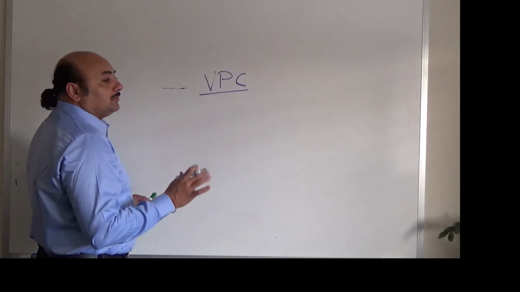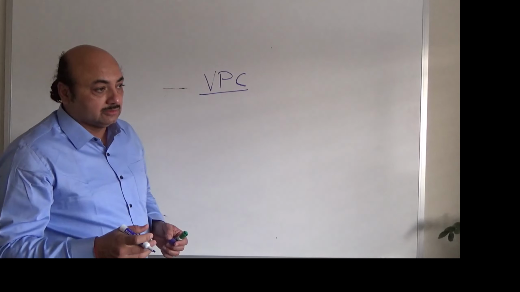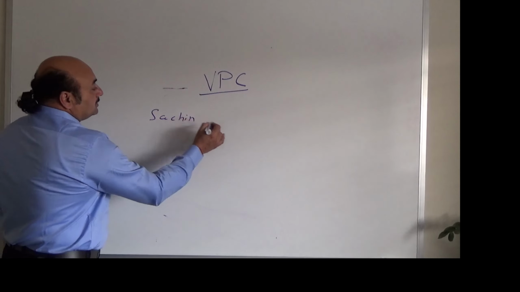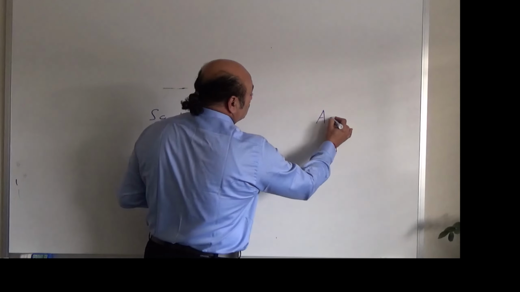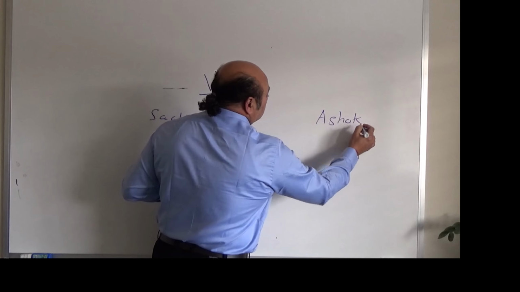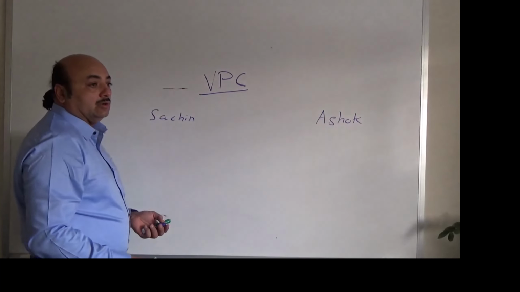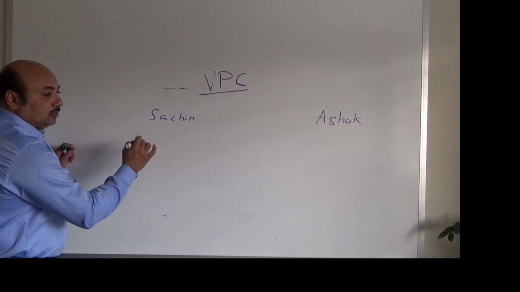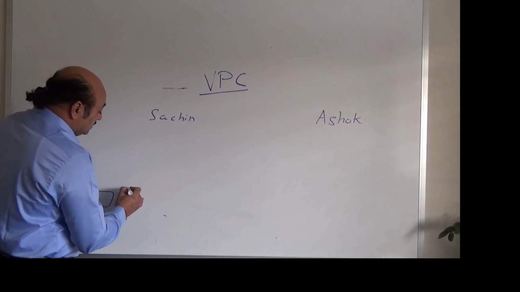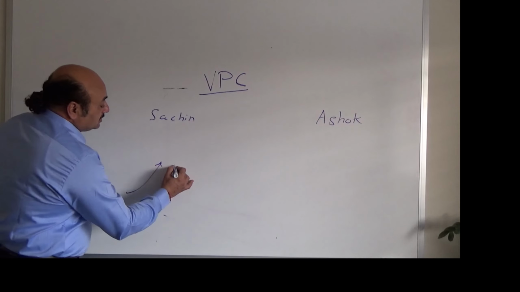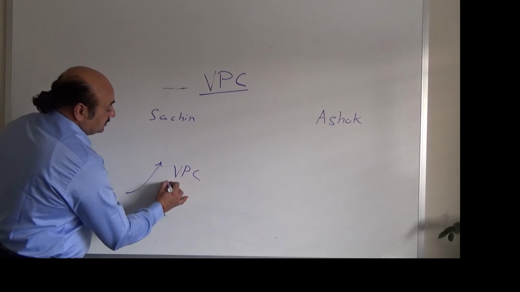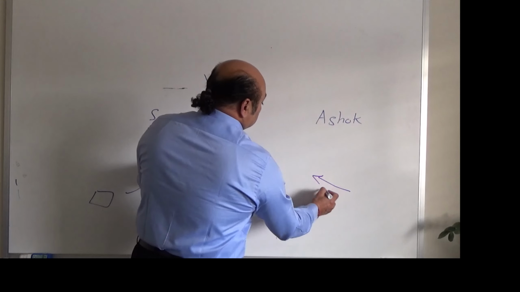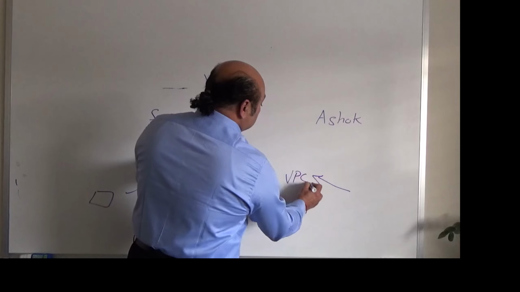Okay. So suppose there are 2 users. Let's say I am Sachin and there's another user by the name of Ashok. So he has created his own account and I am logging in from my computer into AWS. I go into the console, I log in. So when Sachin logs in, Sachin gets his own VPC. And when Ashok logs in, Ashok gets his own VPC.